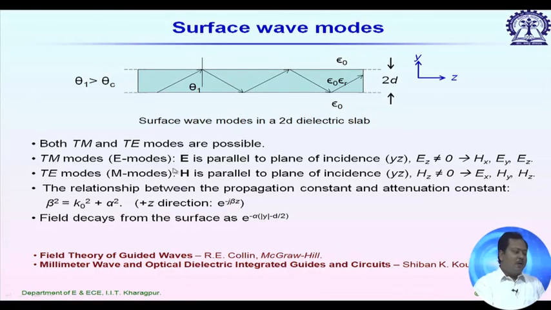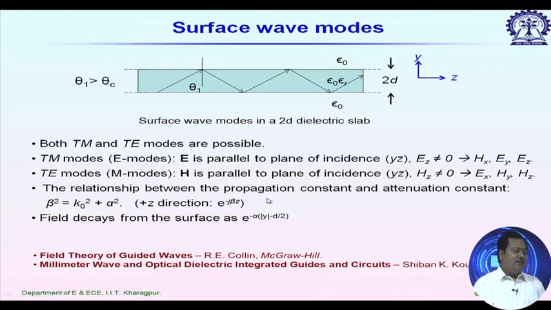Similarly, for the transverse electric case, sometimes we also call it M modes, H is parallel to the plane of incidence, or YZ. So, Hz is not equal to 0, and we have Hy and Hz components as well as the Ex component.